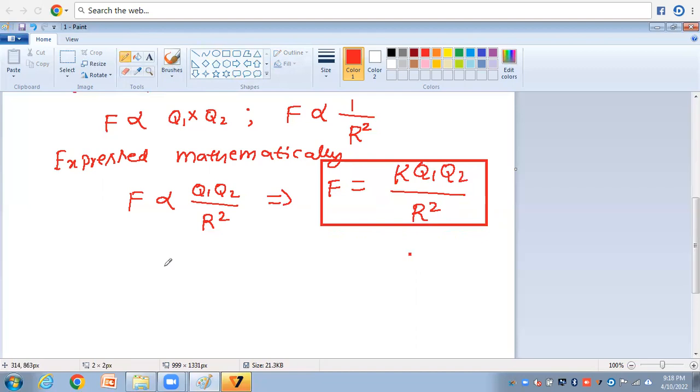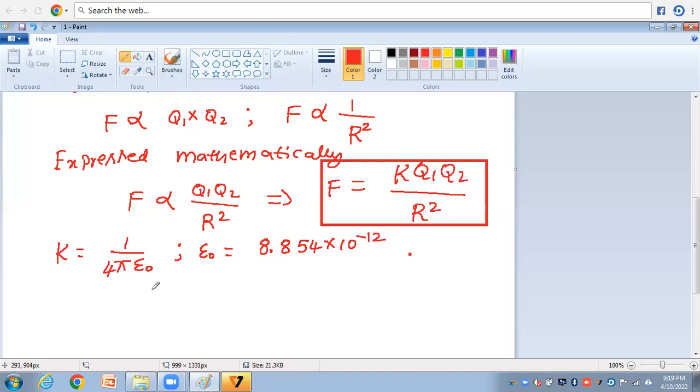Now K can be written as 1 by 4 pi into epsilon naught. Epsilon naught is the permittivity of free space. Units are farad per meter. Its value is 8.854 into 10 to the power of minus 12.